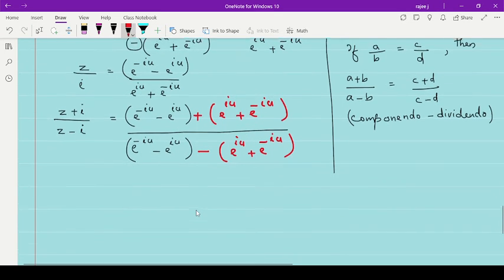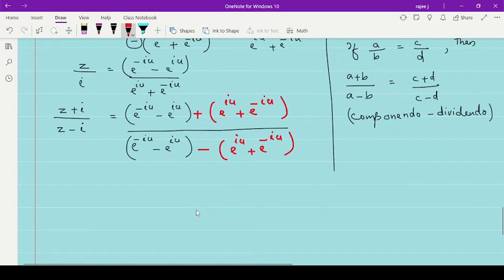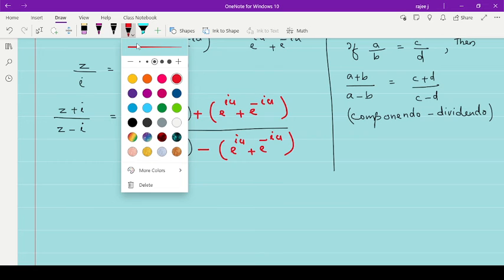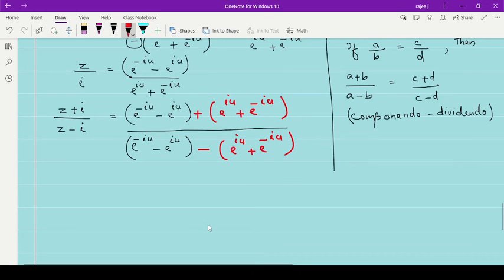So now this is equal to, we can see, now we can cancel some terms. Here, see e raised to iu minus e raised to iu and plus e raised to iu. So these two terms get cancelled.